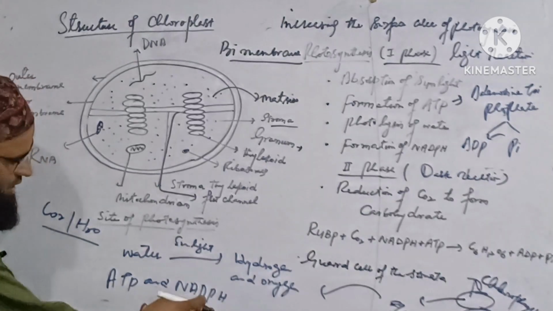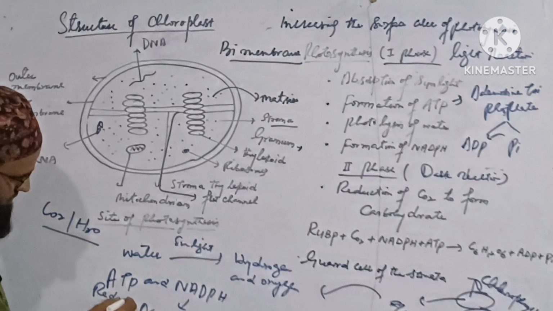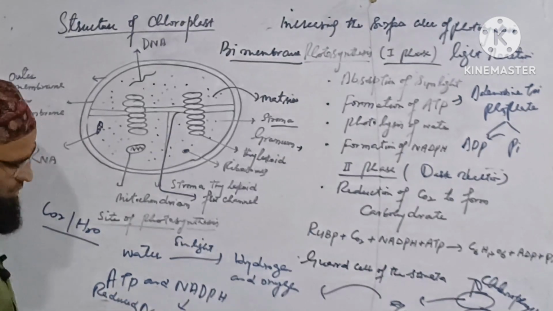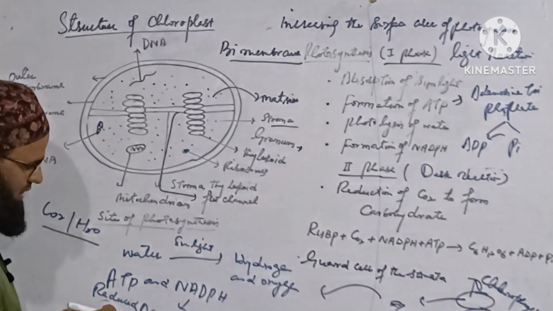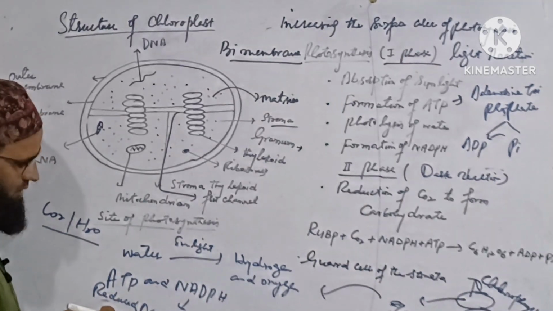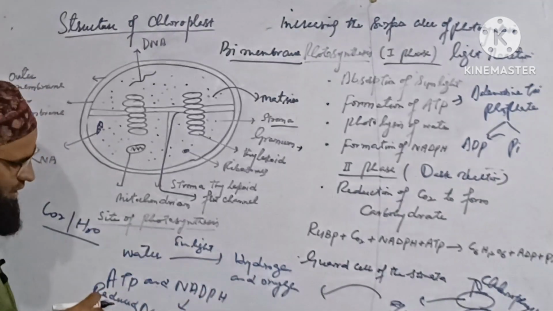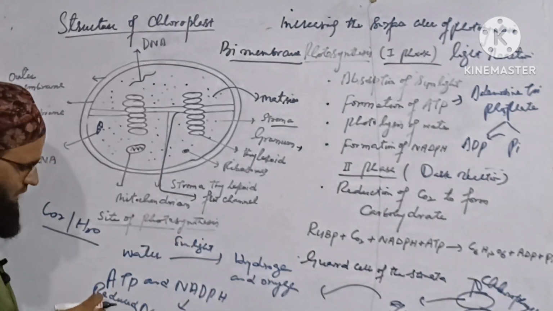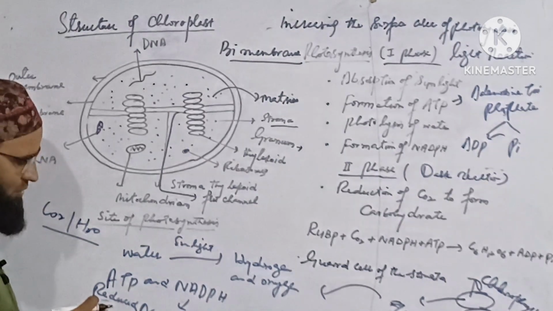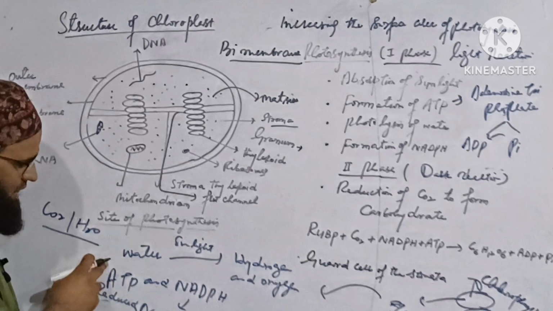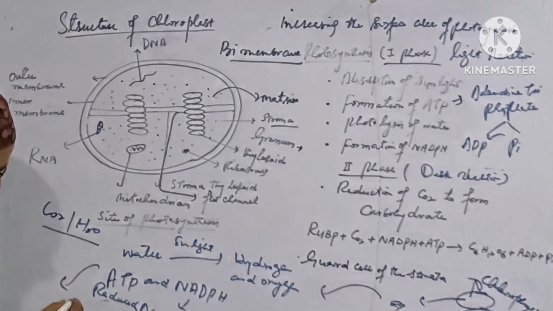When it has an attached hydrogen ion, it means the reduced nicotinamide dinucleotide phosphate, because there is a reduction process. That means there is a gain of hydrogen. When there is a gain of hydrogen to the NADP, it is called reduced nicotinamide dinucleotide phosphate. ATP and NADPH both are called the assimilatory powers.